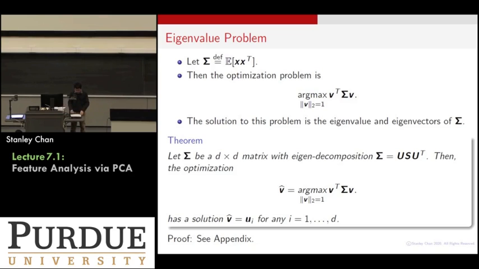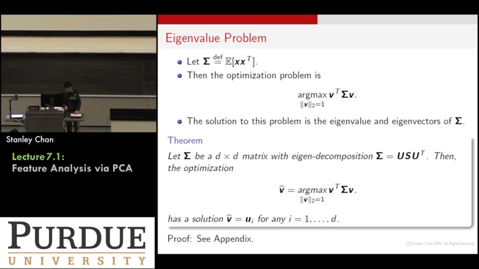It turns out that, according to this theorem, the solution of this problem is given by the eigen decomposition of your sigma matrix. By that I mean that first you take the eigen decomposition of sigma, and you will get U, S, and U transpose. U is the eigenvector matrix, S is the diagonal eigenvalue matrix.